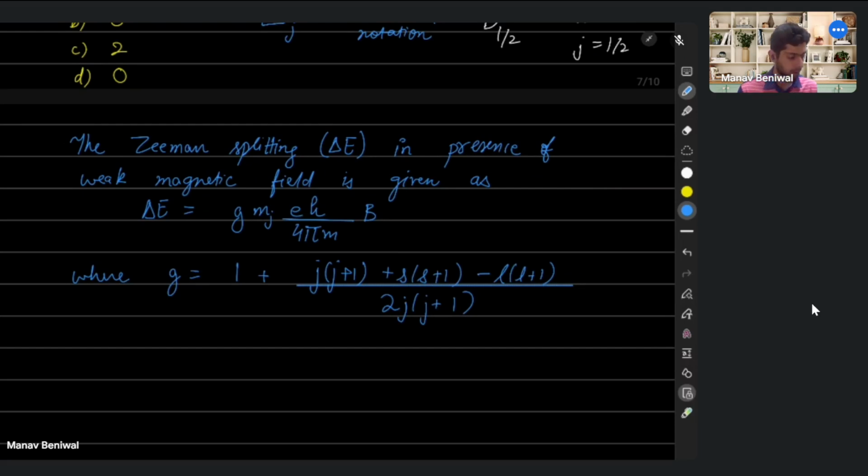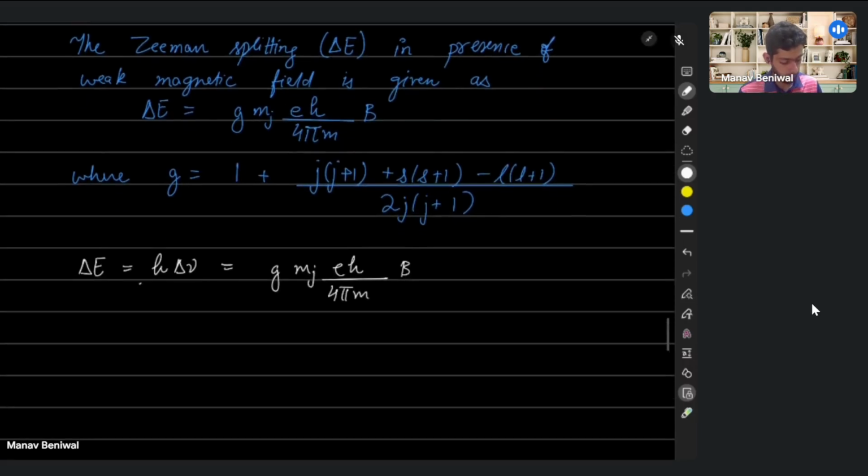What I'm saying is we can write delta E as h delta nu, and this is then just equals to eh upon 4 pi m times B. So if we cancel out the h, what we are left with is G times this thing.